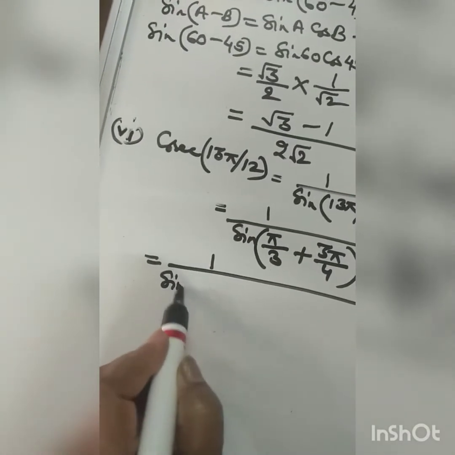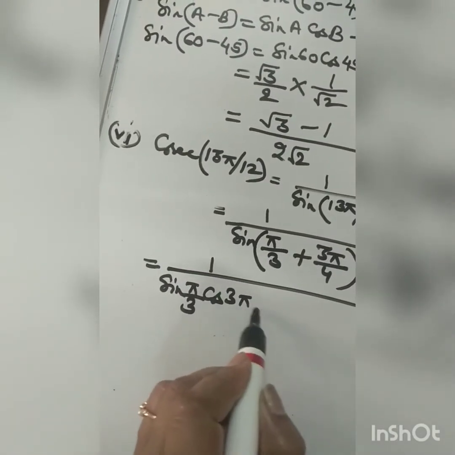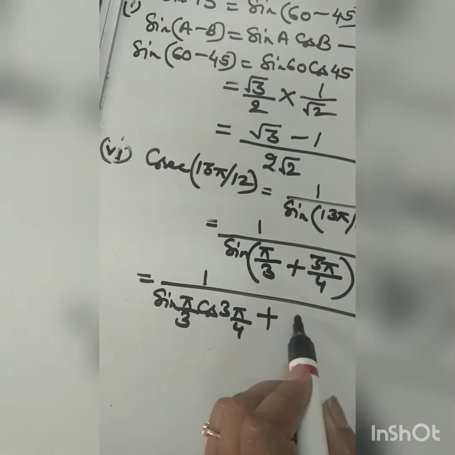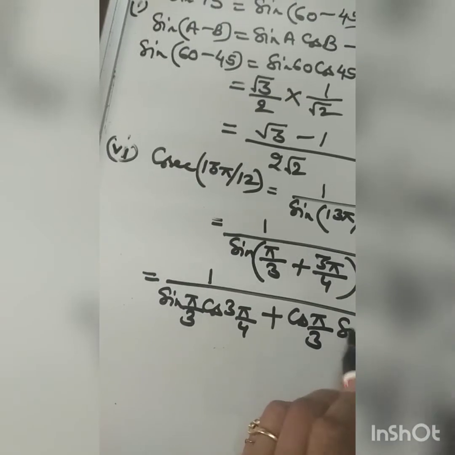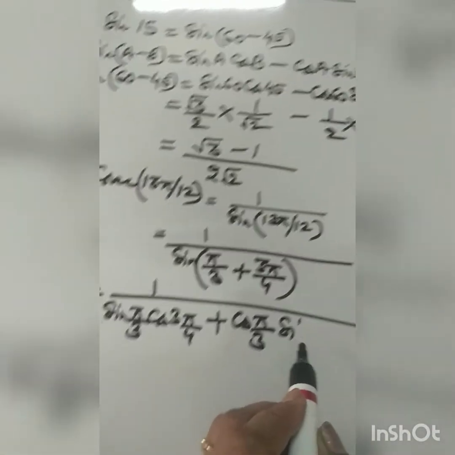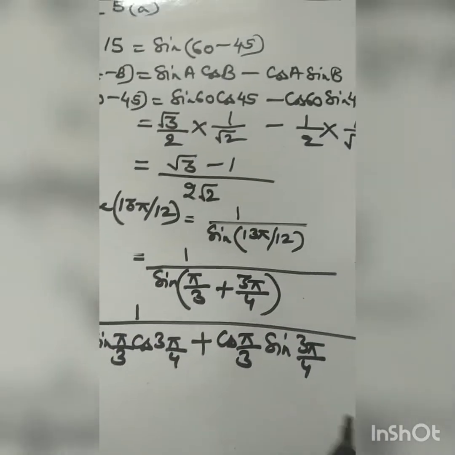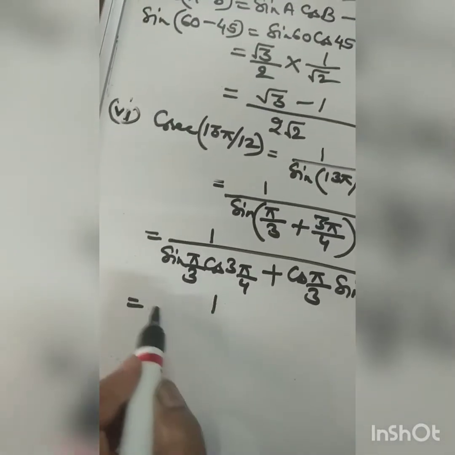So we can use directly the sine of a plus b formula. So sine pi by 3 cos 3 pi by 4 plus cos pi by 3 sine 3 pi by 4. I am not writing the formula again and again; you can refer to the formula. Now we know the standard values, so try to write down their values without using tables.